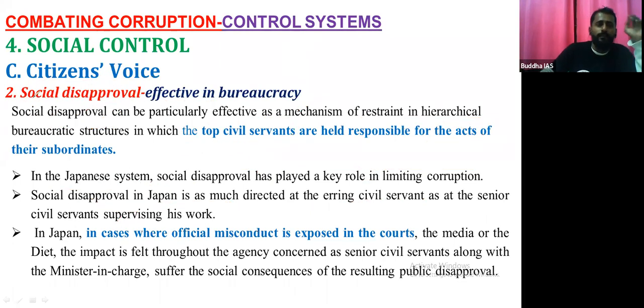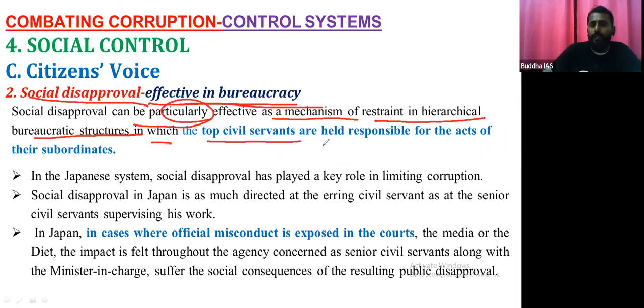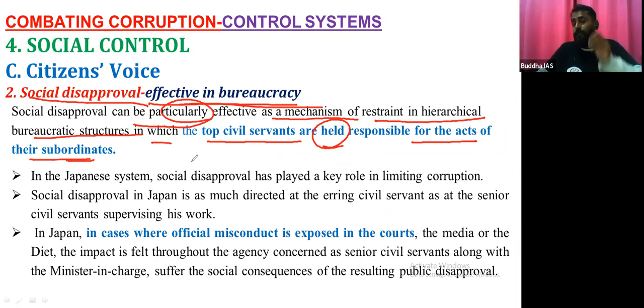Then coming to social disapproval effective in bureaucracy. Social disapproval can be particularly effective as a mechanism of restraint in hierarchical bureaucratic structure in which the top civil servants are held responsible for the actions of their subordinates. So in bureaucracy, social disapproval can act as a stringent weapon when the top officials are held responsible.